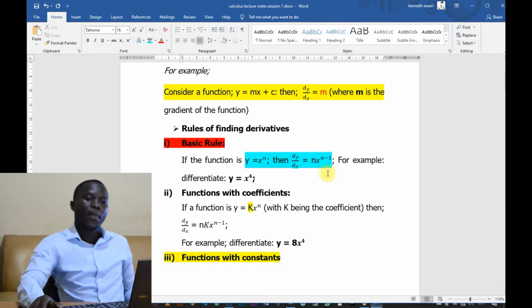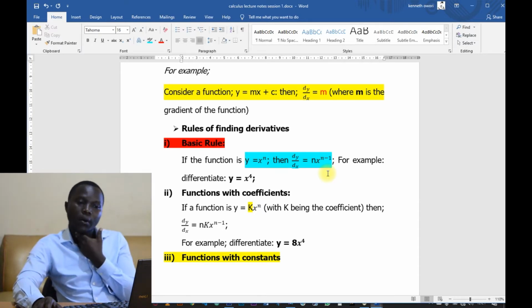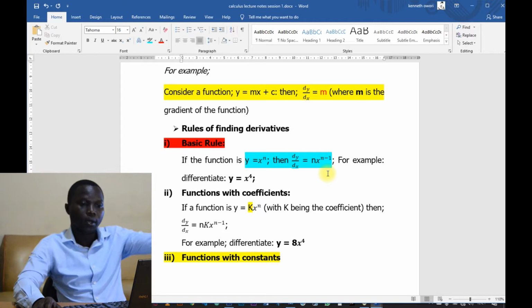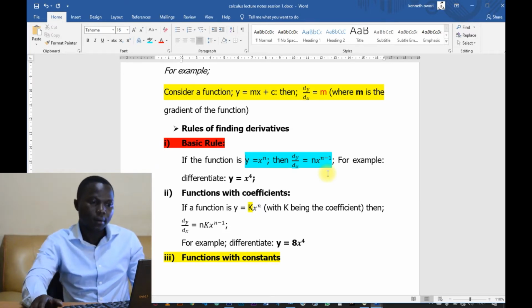As we said, we multiply the expression by the power, then reduce the power by 1.